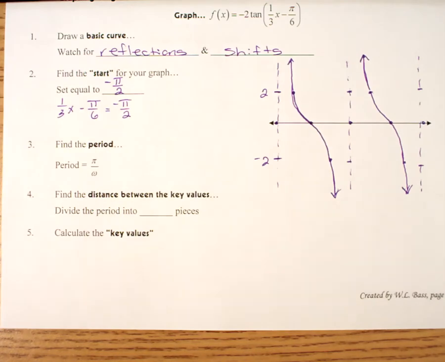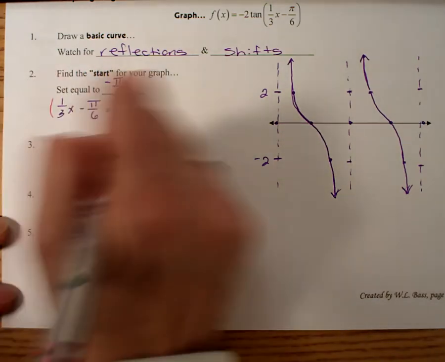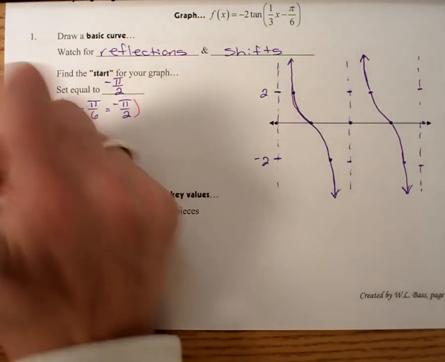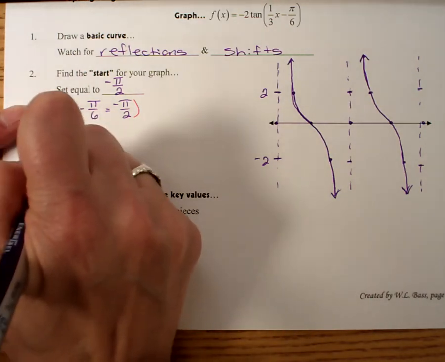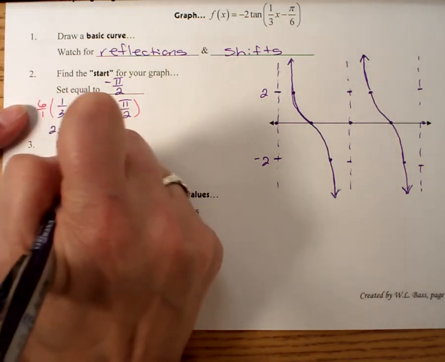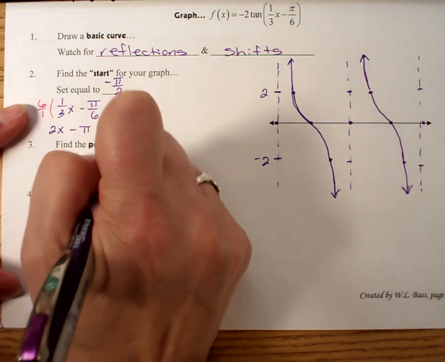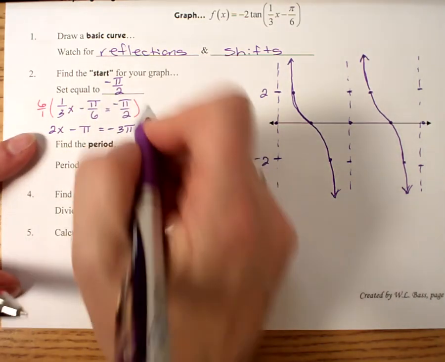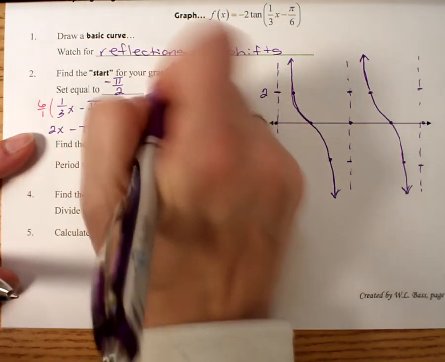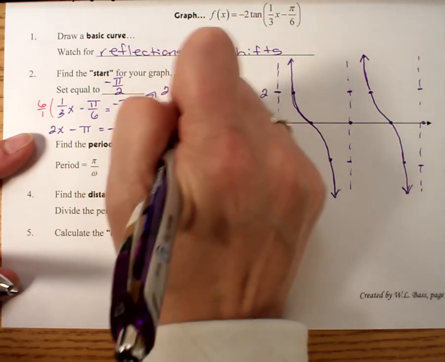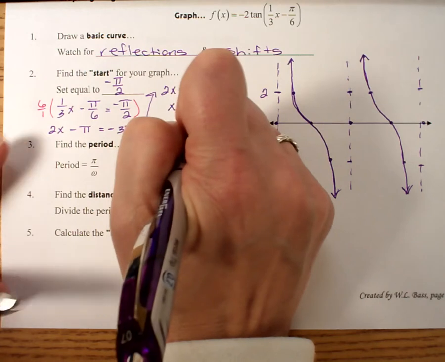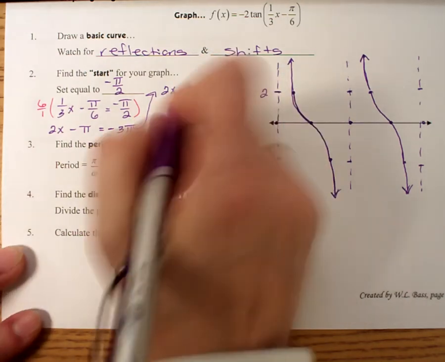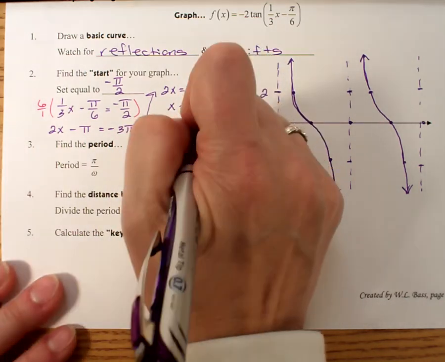Now, I've got some algebra I need to do. I prefer to get rid of my fractions. So I'm going to multiply everything through by 6. And I'm going to get a 2x minus a π equals a -3π. Continuing my solving, I have 2x equals -2π, which means x is simply -π.